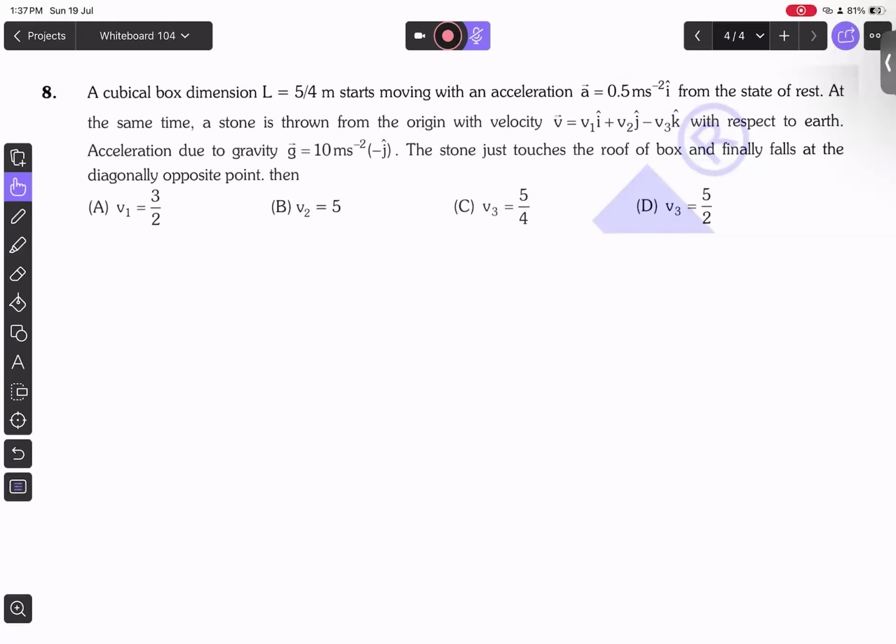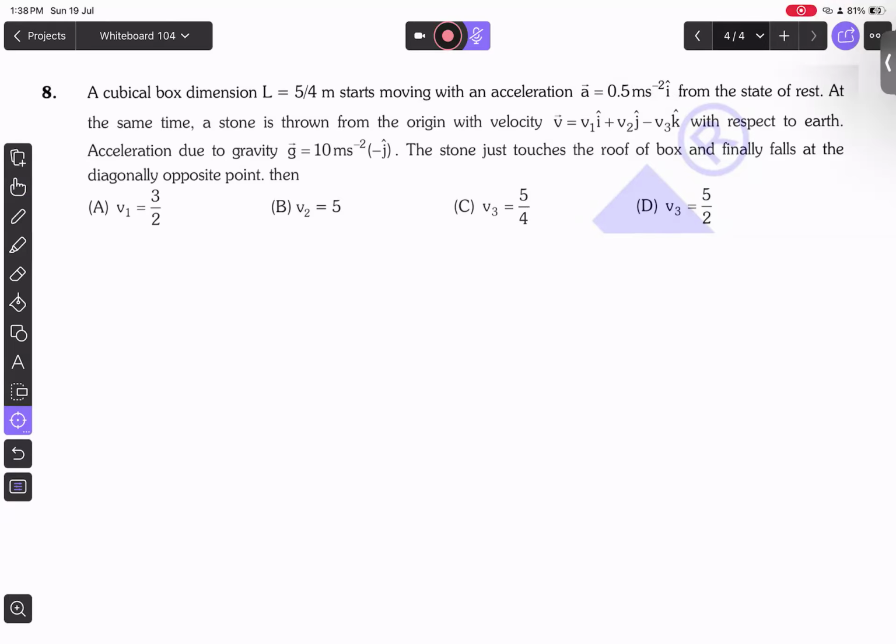So we have a cubical box which starts moving with an acceleration given, and it is starting to move from the position of rest, but moves with this acceleration. Suppose I want to solve this question by being in the frame of this box, then I must know the velocity of the particle that we are observing from the frame of this box. To solve kinematics, what do we need?